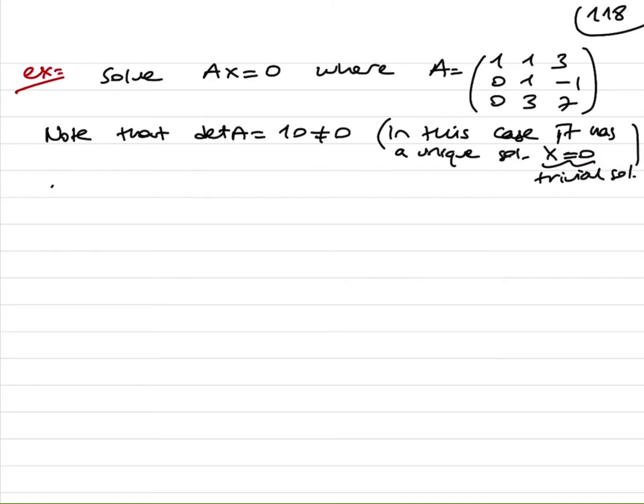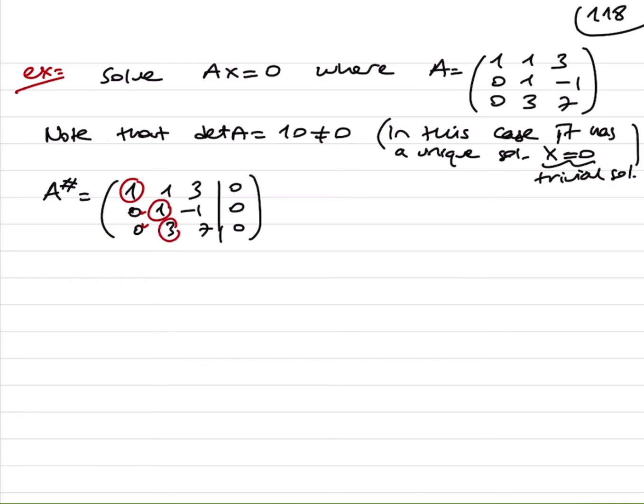Okay, let's find it. What is the augmented matrix in this case? So we have 1, 1, 3, 0, 0, 1, minus 1, 0, 0, 3, 7, 0. We are lucky, these are already 1 and 0, 0 here. We have 3 here, and we need to arrange it to be 0. So we are just going to multiply minus 3 R2 plus R3 and write it to R3.